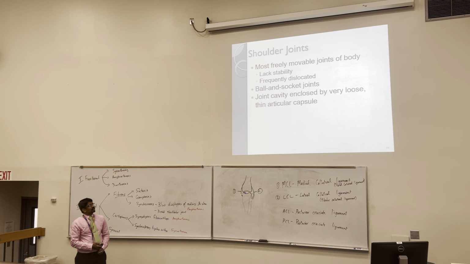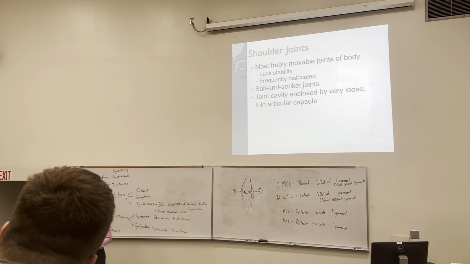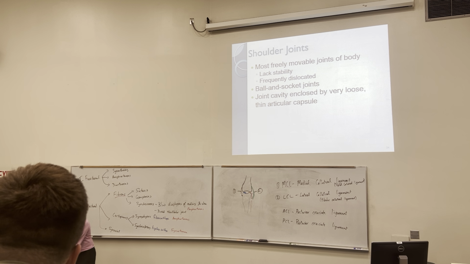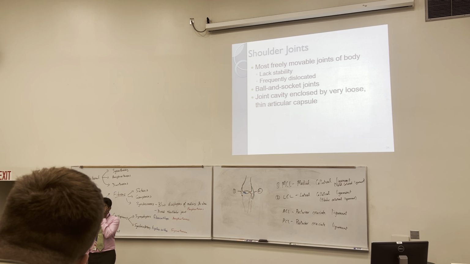Next one is the shoulder joint. So which one's more likely to dislocate, shoulder or hip? Shoulder. Why? It's looser. It doesn't have as much to hold it in place, because the hip socket is enclosed. The shoulder socket is just kind of in place with the scapula.